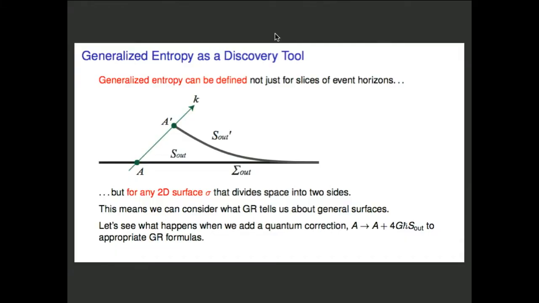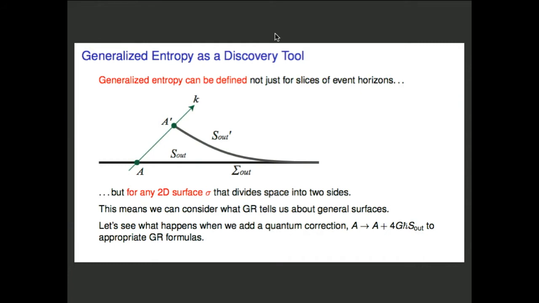Generalized entropy is something that's much more generally at least definable. You can just take any Cauchy surface, consider it a two-surface that divides it into two sides, and consider the quantum state reduced to one side, take its von Neumann entropy, add the area of the surface you defined, and call that the generalized entropy of that surface.